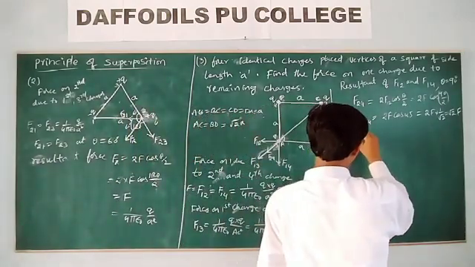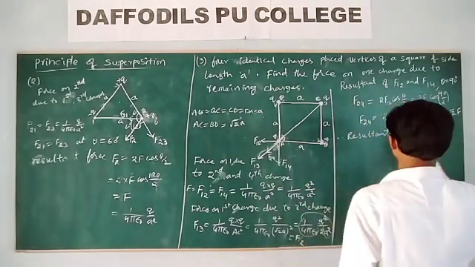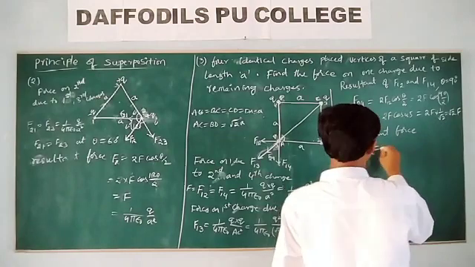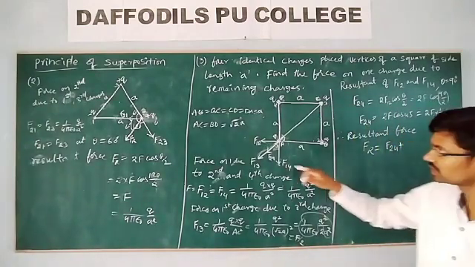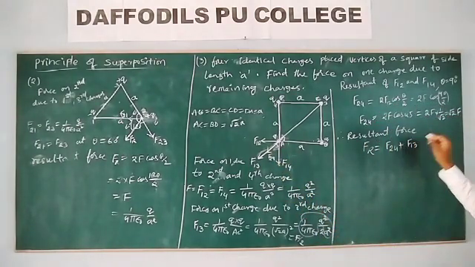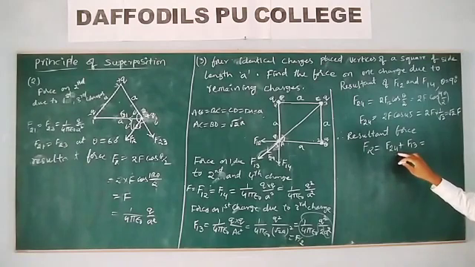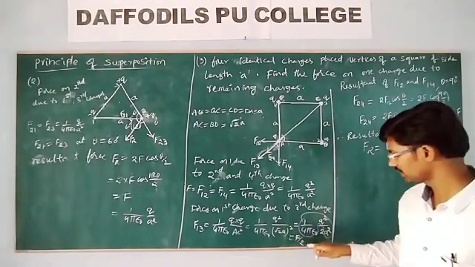Therefore, the resultant force FR is equal to F24 plus F13, which is also in the same direction. That is equal to root 2 F plus F by 2.